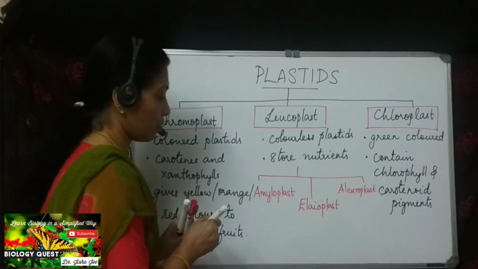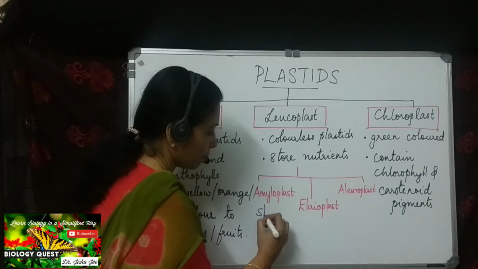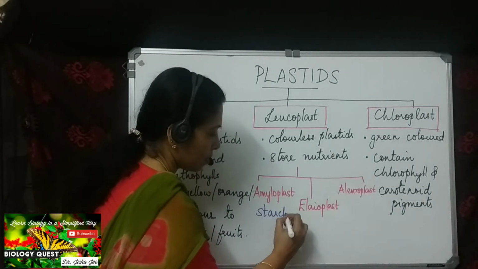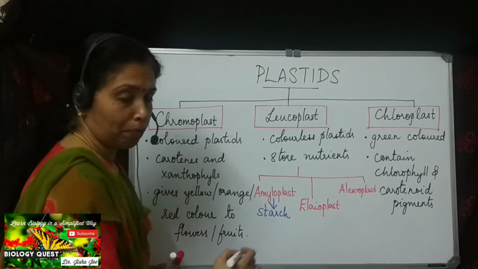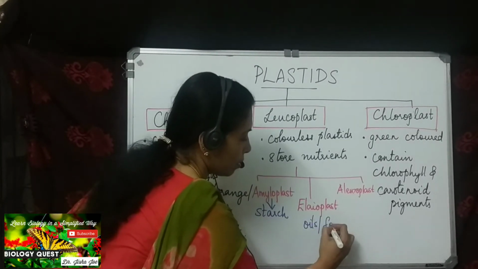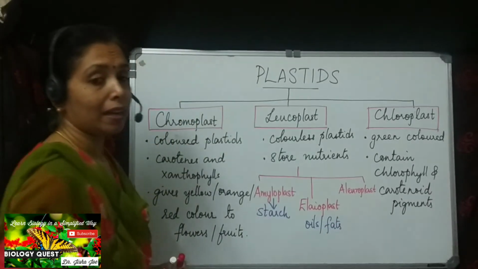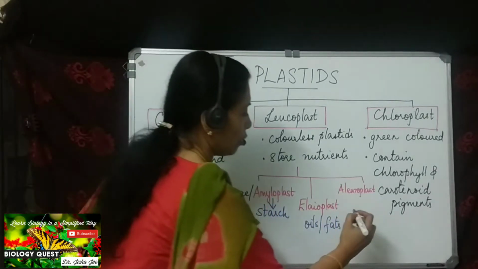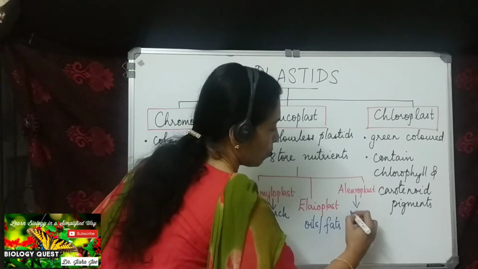Amyloplasts store starch. Elaioplasts store oils or fats, and aleuroplasts store proteins.